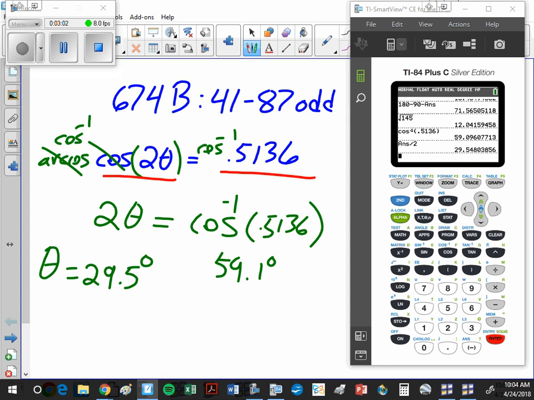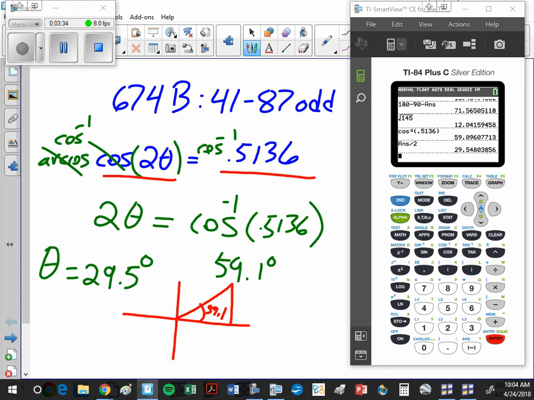Which quadrants? Where is the cosine positive? 1 and 4. So this angle right here is 59.1. And then I cut it in half, and I get 29.5. Right?